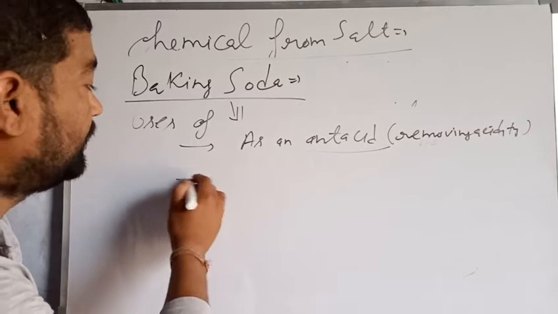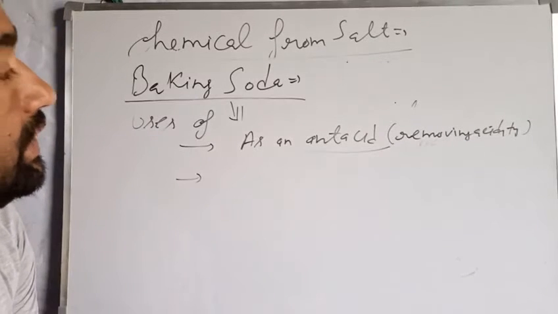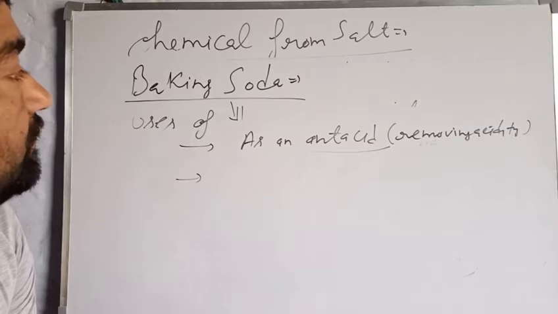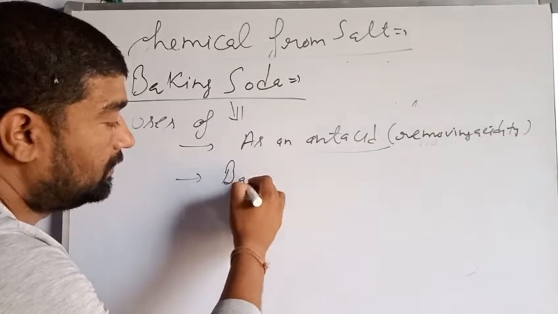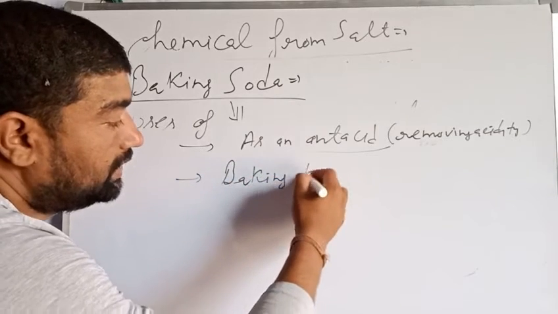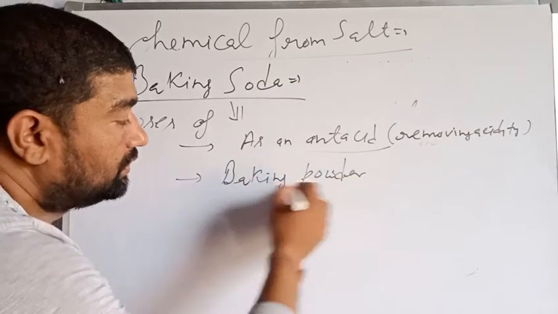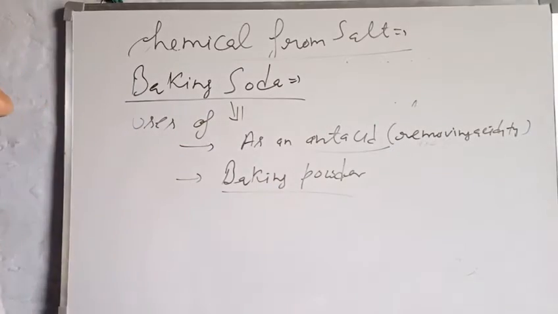And the second point is, it can be used in baking powder. So baking powder is also obtained from baking soda.